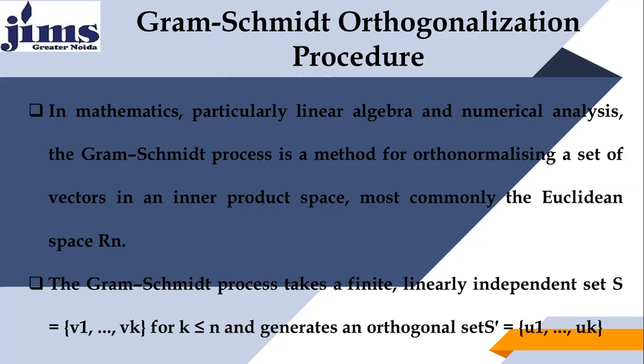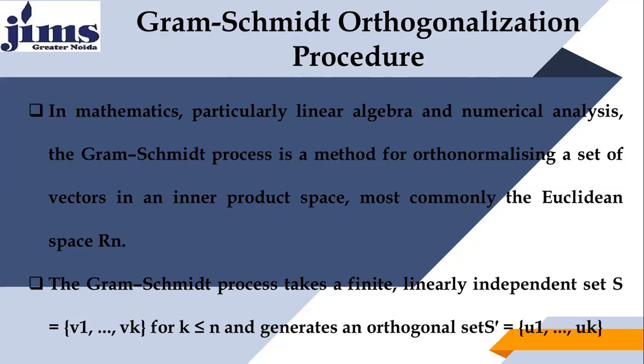So the Gram-Schmidt process takes a finite linearly independent set of vectors. For example, in our case, we have a set S. This S contains the vectors V1, V2, V3, V4, V5 up to Vk, for k less than or equal to n, any integer, right?